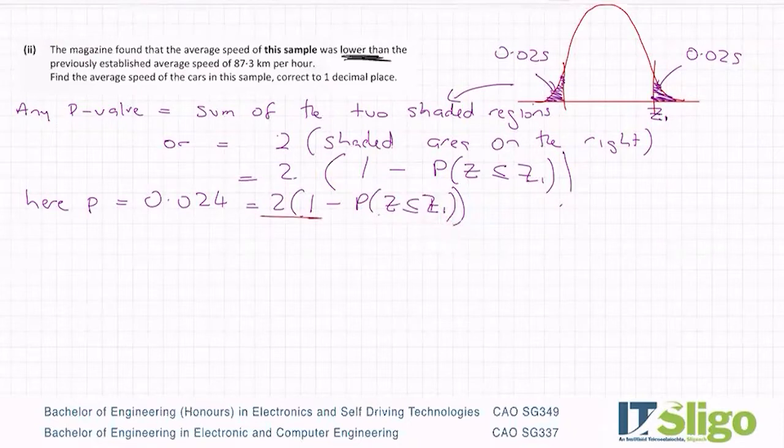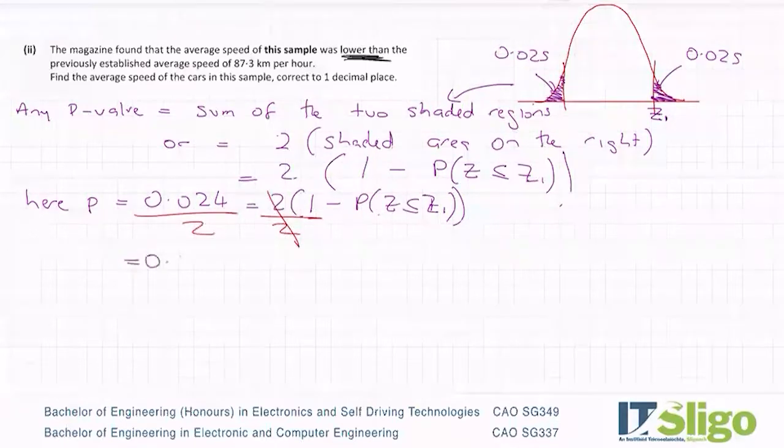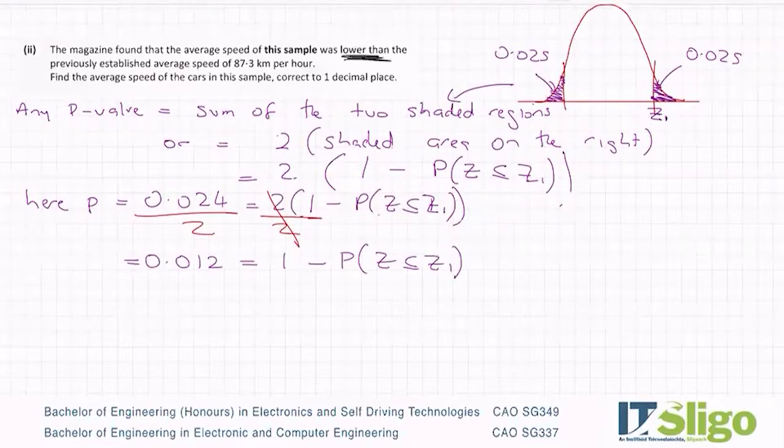The first thing I'm going to do is divide across by 2 to get rid of that 2 on the right. So 0.012 is equal to 1 minus the probability that we are less than that. Let's subtract 1 from both sides.